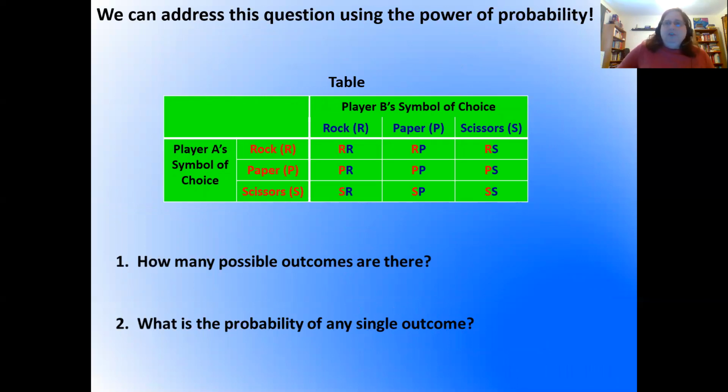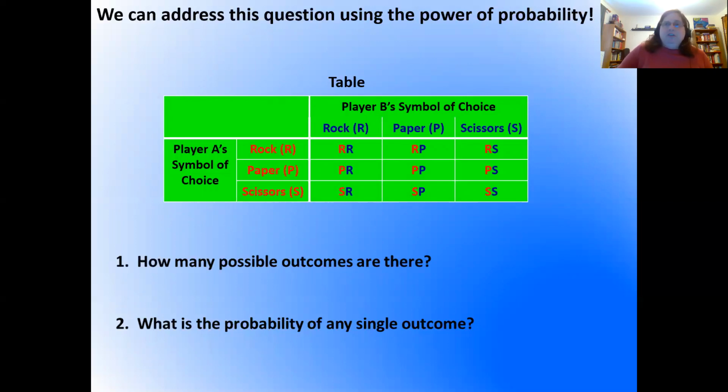All we have to do is figure out all the possible outcomes that can happen. It's possible that player A will throw a rock, as you can see written in red, paper, or scissors. It's also possible that player B will choose rock, paper, or scissors. If you look at the combination of each one, you will see what happened.